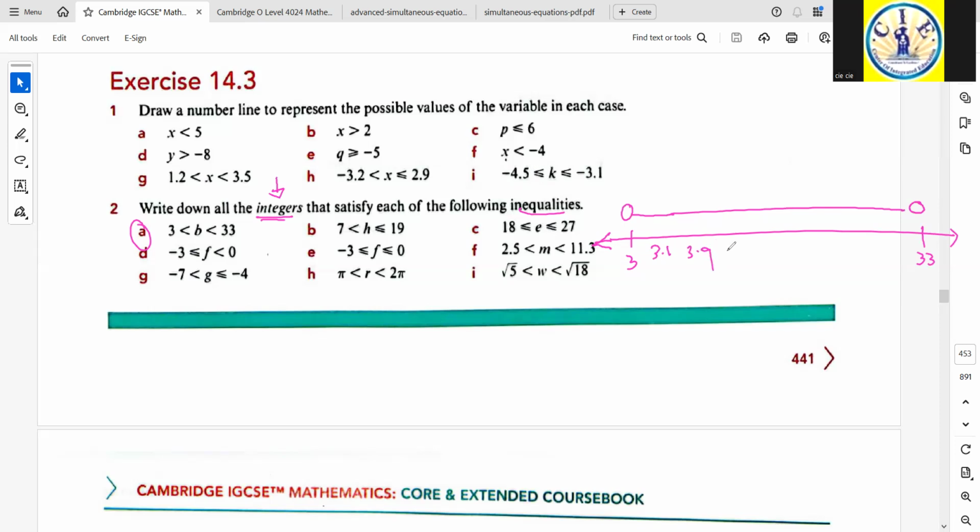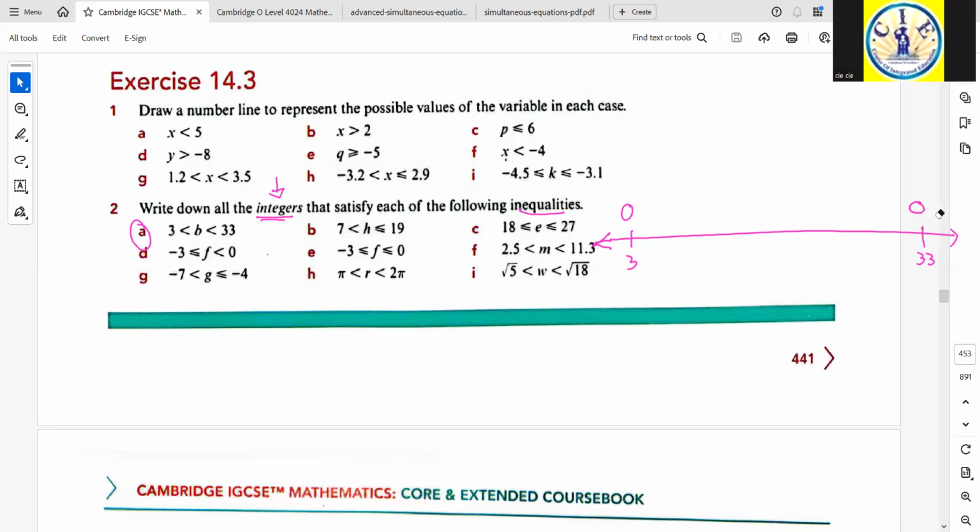If a value is 4.5 or 29.98, whatsoever the values are, all these which are within this range are a part of this solution. But since none of these are integers, so we need to just pinpoint the integers, not any other values.